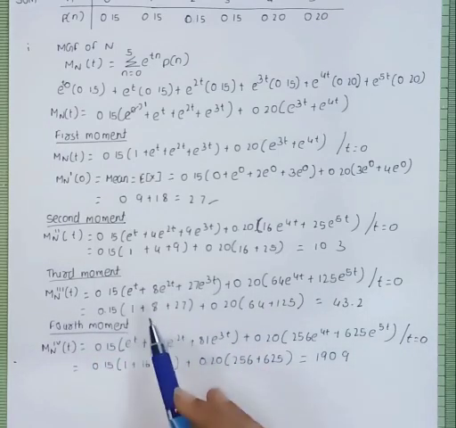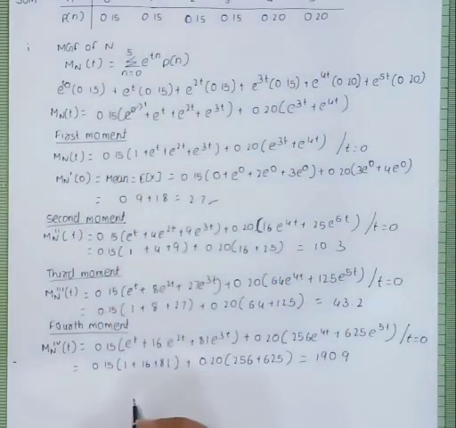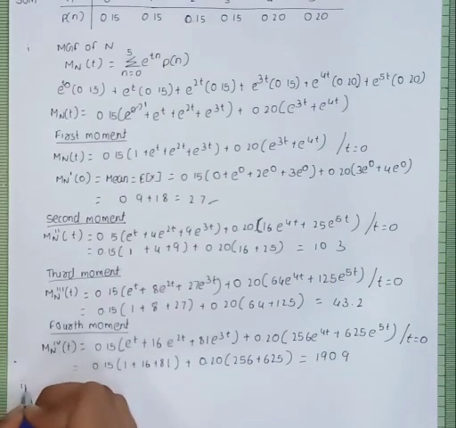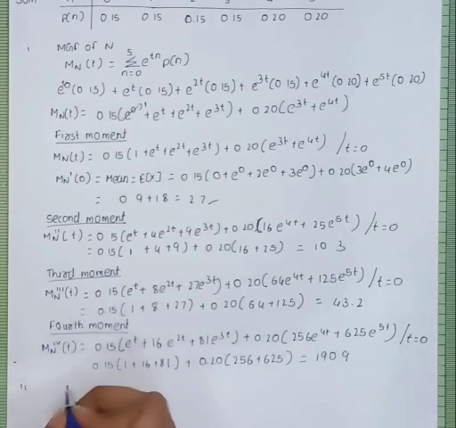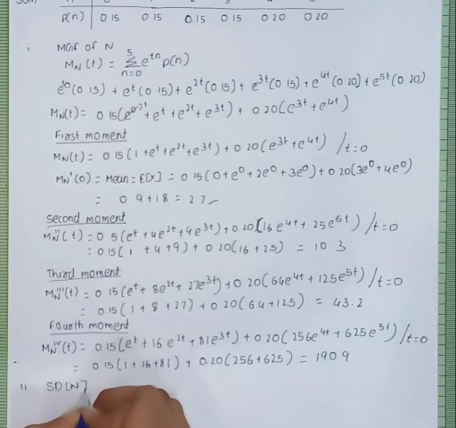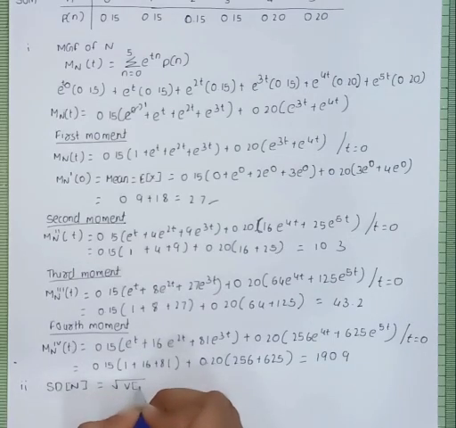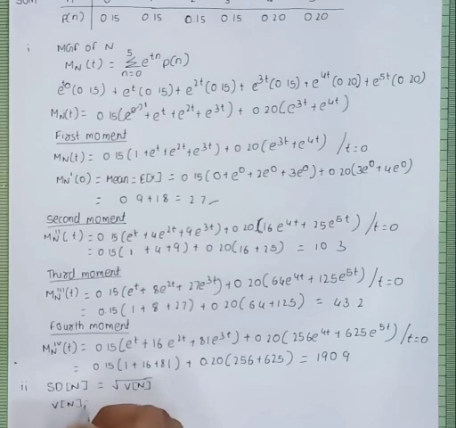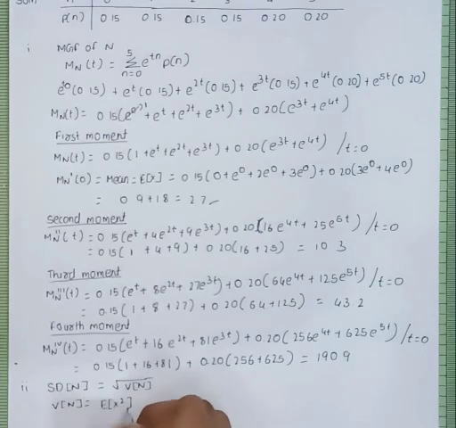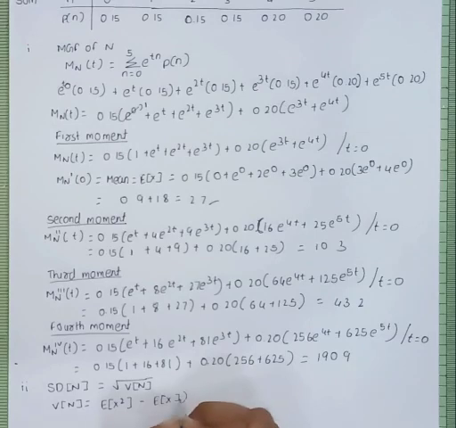So we have computed all the moments, that is 4 moments. Now the next part of the question is to compute the standard deviation of N. Before finding the standard deviation, we need to find the variance of N, because the formula of standard deviation is SD of N equals under root V of N. We all know that V of N equals E of X square minus E of X the whole square.